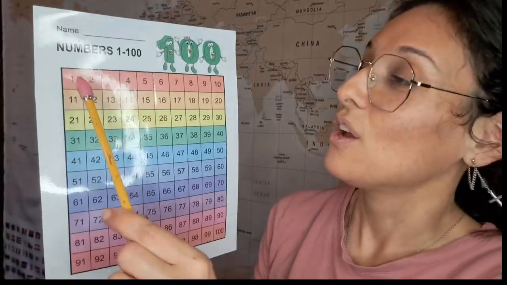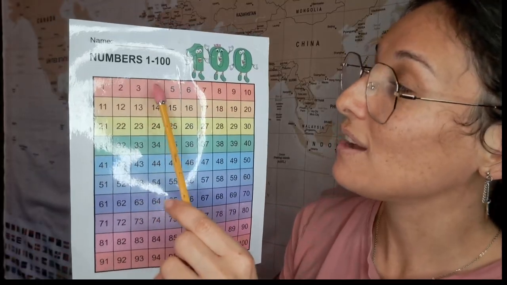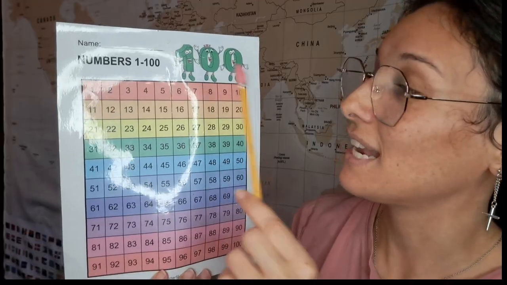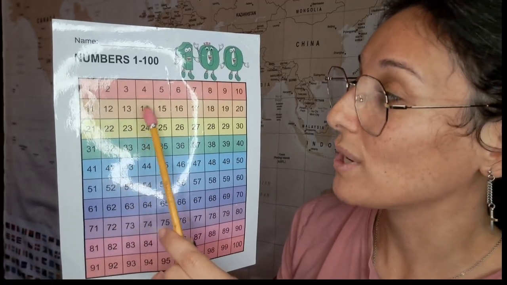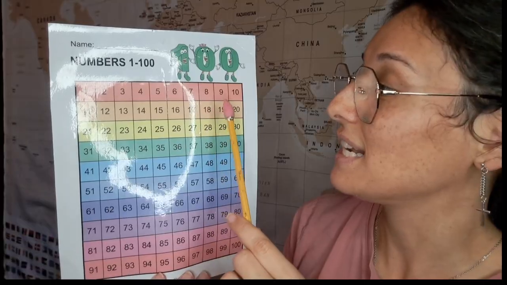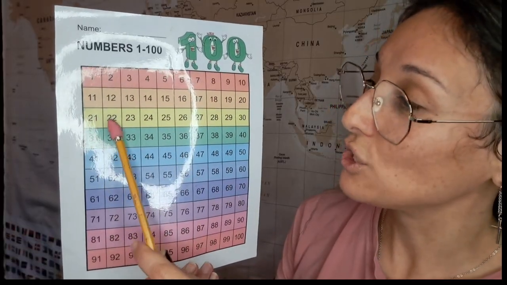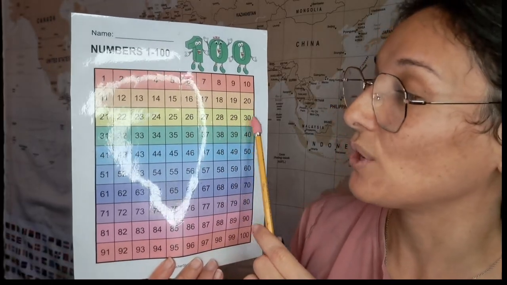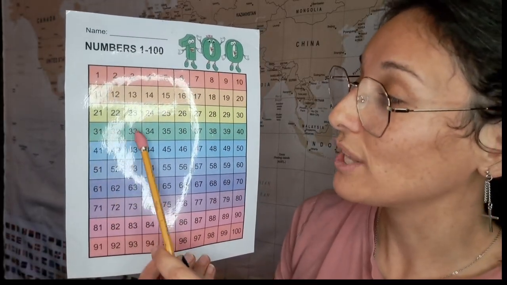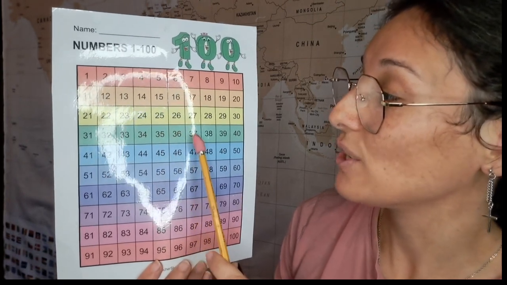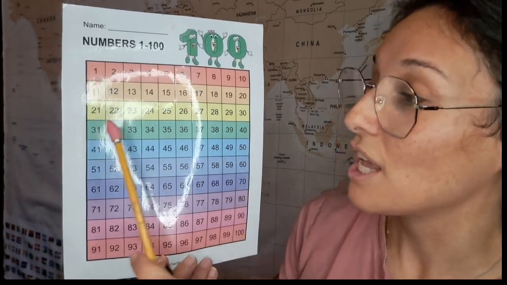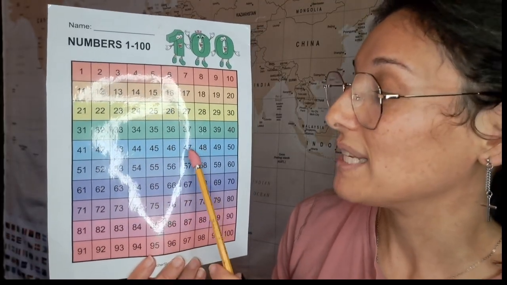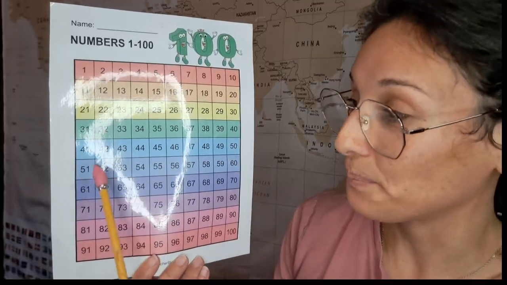Say them with me. 1, 2, 3, 4, 5, 6, 7, 8, 9, 10. 11, 12, 13, up through 30, 31, 32, and on up to 50.